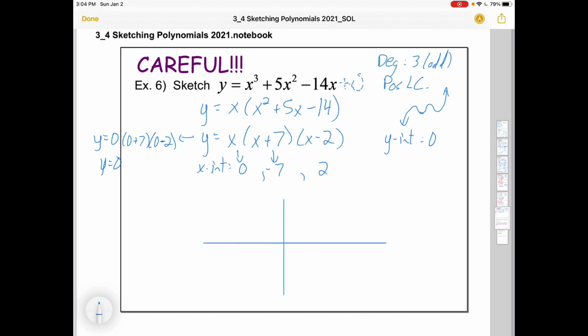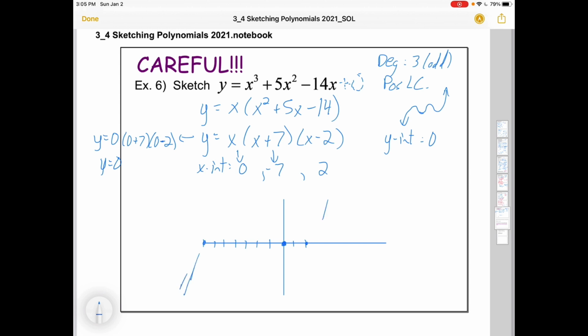And it would be pretty hard to graph this thing if it were not the case, because you've got an x-intercept at 0. Okay, 1, 2, 3, 4, 5, 6, 7. There's an x-intercept. 1, 2. There's an x-intercept. And at 0, there's an x-intercept. That's also the y-intercept shown right here. Okay. And it goes from down to up.